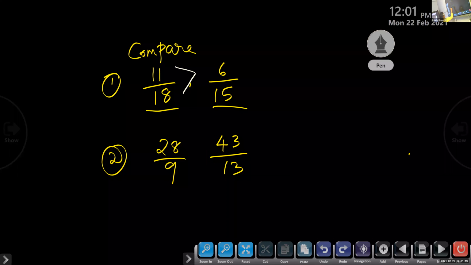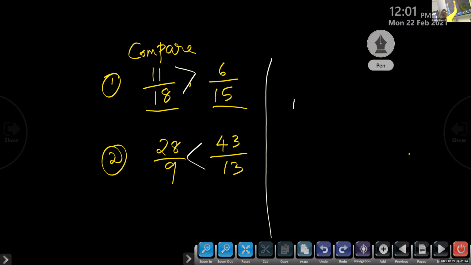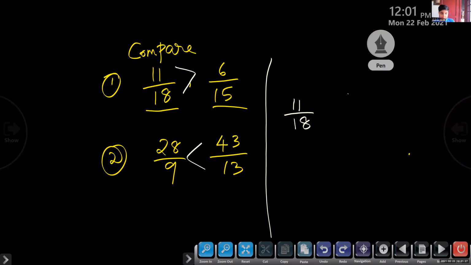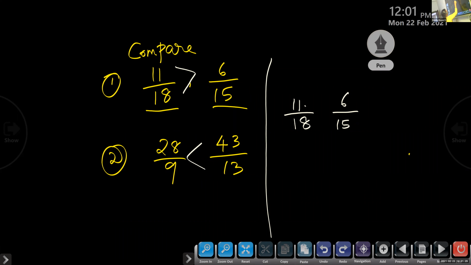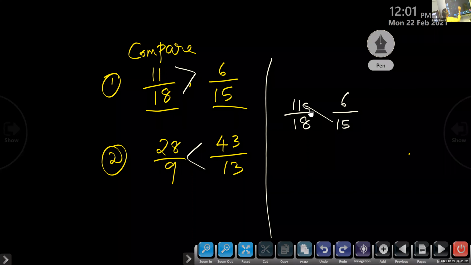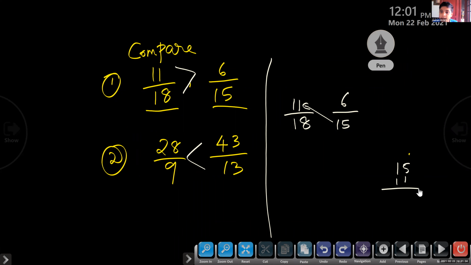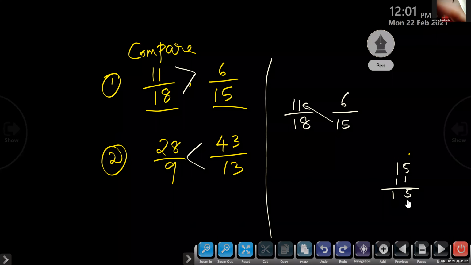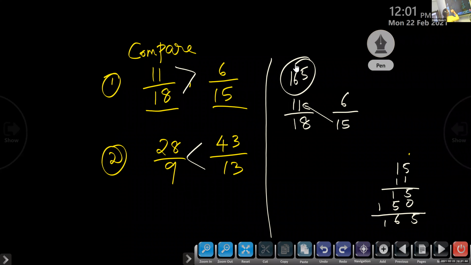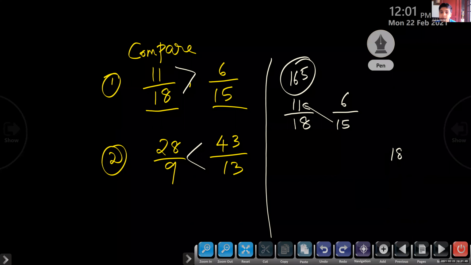Okay, now children, we will find out by cross multiplication. This question we will do with cross multiplication: 11 by 18 and 6 by 15. 15 into 11 is 165. Then 18 into 6 is 108.